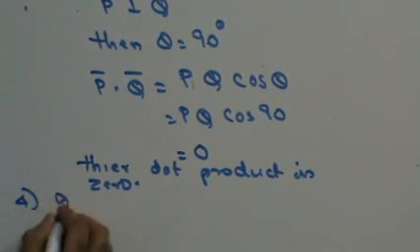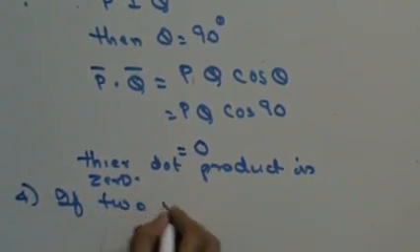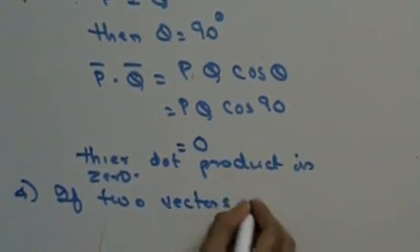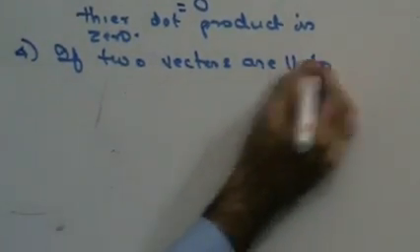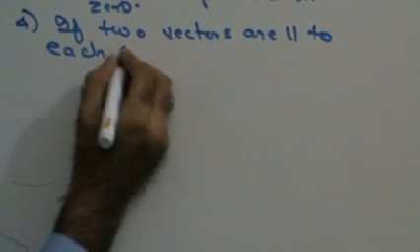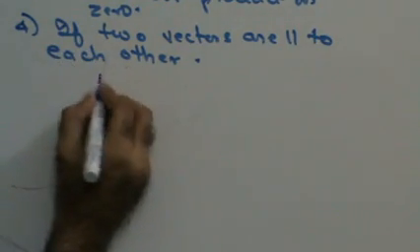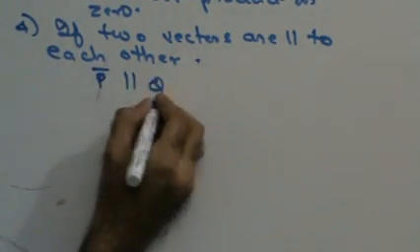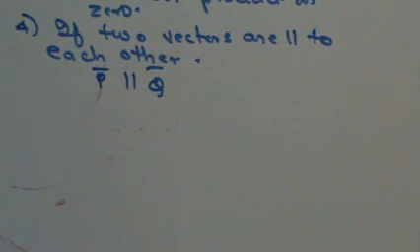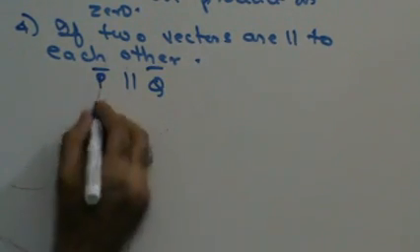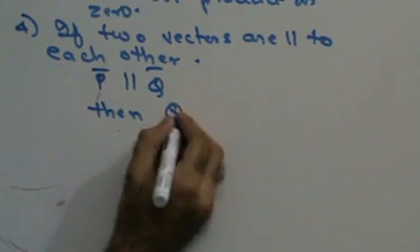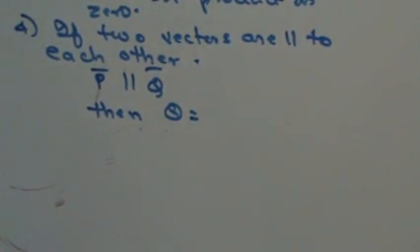Next, if two vectors are parallel to each other, let us assume P vector is parallel to Q vector. Then what will be the angle between them? What is the angle between two parallel lines?